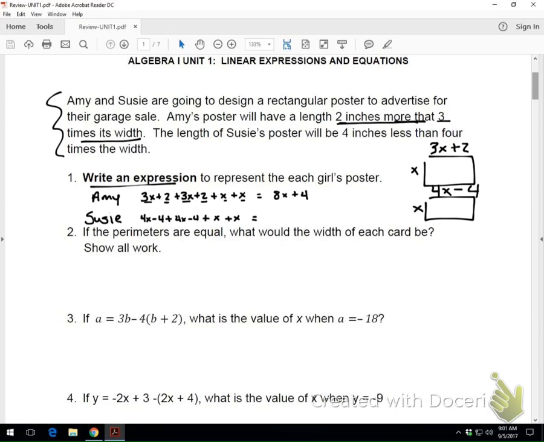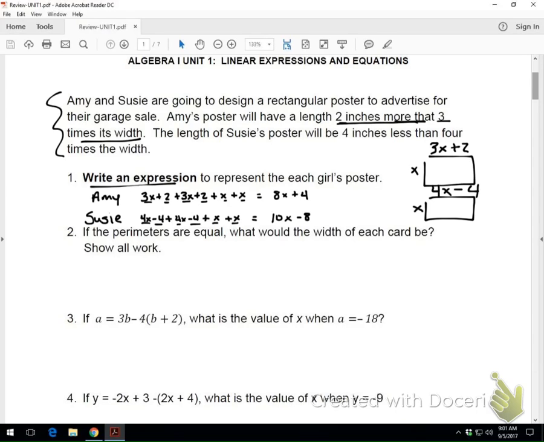So I got 4x plus 4x plus x plus x, 10x. Negative 4 minus 4? Negative 8. Perfect. Okay, so there's our perimeters. There's our expressions. Expression just means like equation, basically.